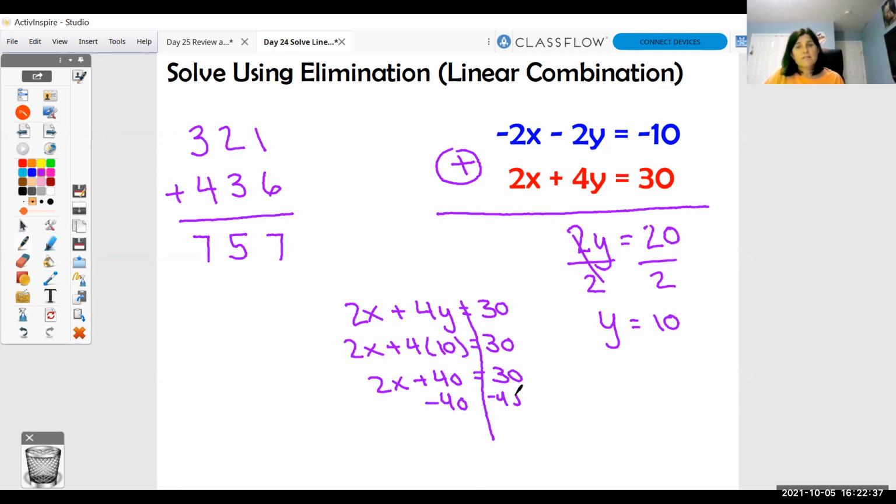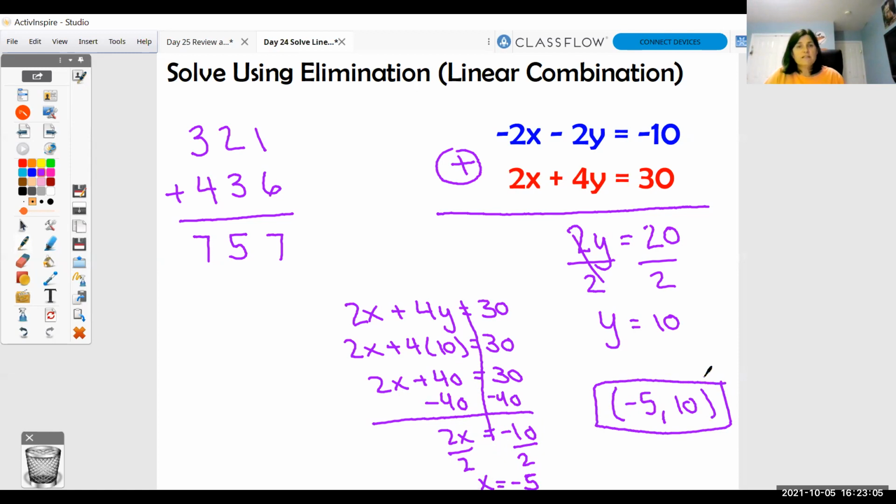Subtract 40 from both sides. I'm left with 2x equals negative 10. Divide by 2. And x equals negative 5. If you need to pause the video to copy this down or to really think about it, I want you to do that. So my ordered pair is negative 5, 10. That's the point where these two lines intersect.